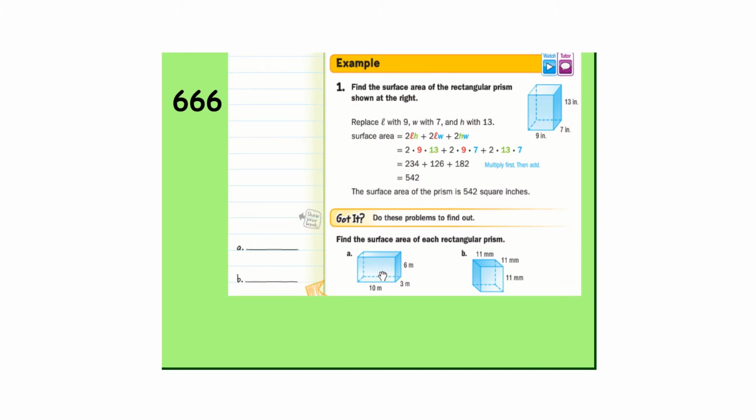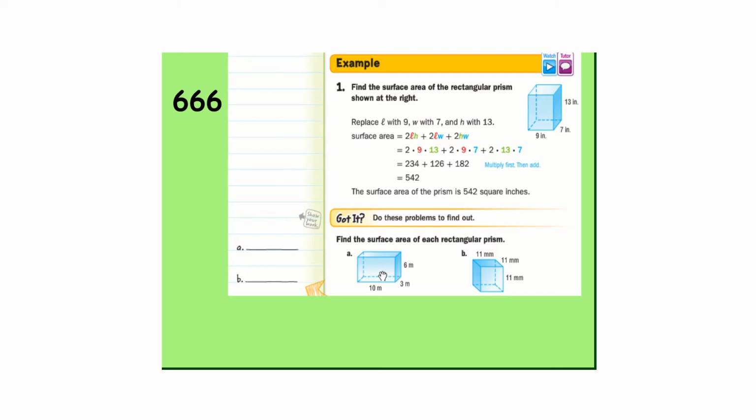Okay, number 1. The surface area of this rectangular prism, what did they do first? 9 times 13. There's 2 of them. There's 2 9 by 7s. And then there's 2 13 by 7s. Add those 3 measurements up and you get 542.